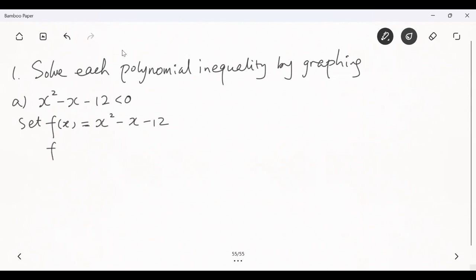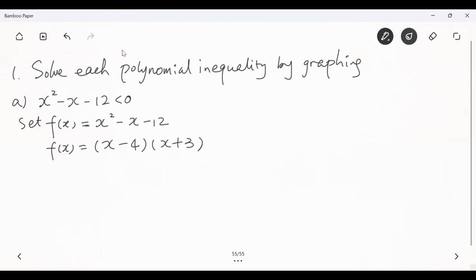Then we factor. The middle term is negative x, the last term is 12. So 12 means 3 times 4, and the middle term is negative, so the 4 is negative and 3 is positive.